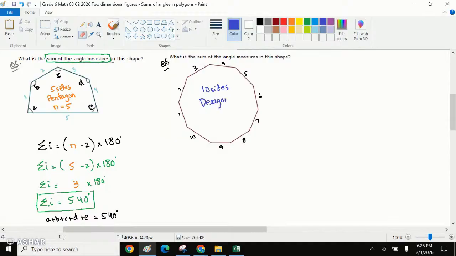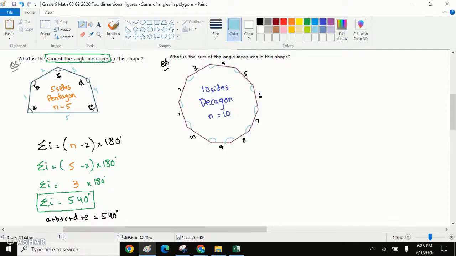Okay, I'll write it again. Sorry. Decagon. Deca is 10 and gon is sides. That means the value of n is 10. All they're asking us is to add all these angles together and find their total. But none of the angles are given to us, right?